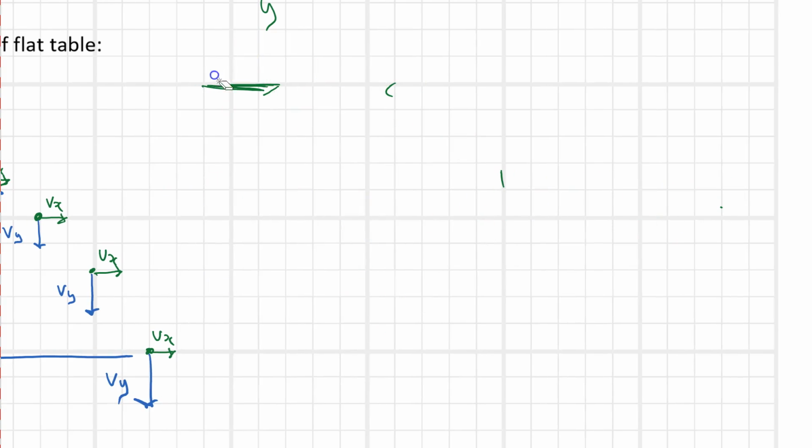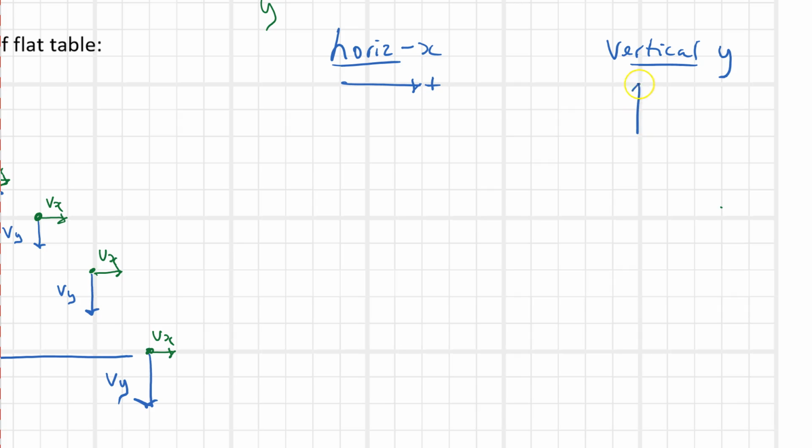I'm just going to find another place to write. The results of our lab, we talked about the difference between the horizontal motion and the vertical motion, or the x direction and the y direction. This is the horizontal motion. Usually we'll say to the right is positive. Vertical really depends. Sometimes we say up is positive, sometimes down is positive.